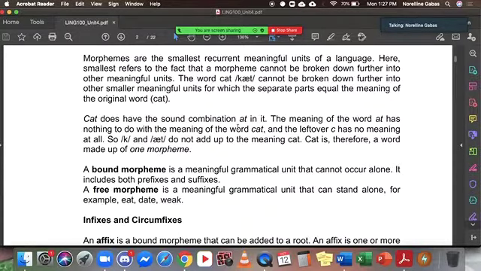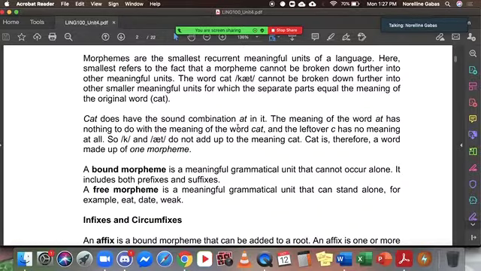Sa procreation. Although may dash yung procreate, yung pro and create, sige, for the sake of example. So, pro and shan, yung suffix and yung prefix, and then the root word is create.